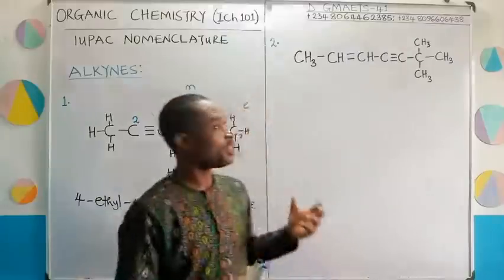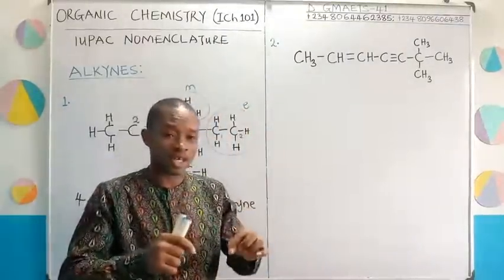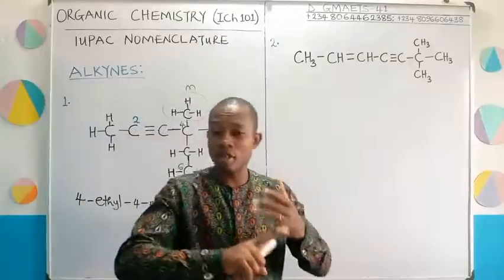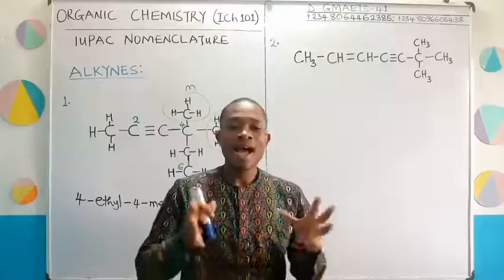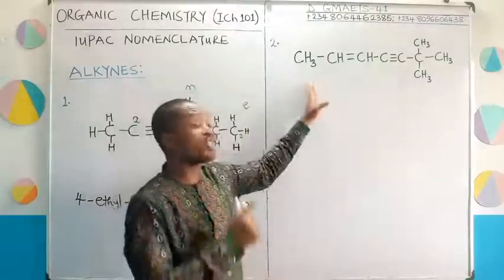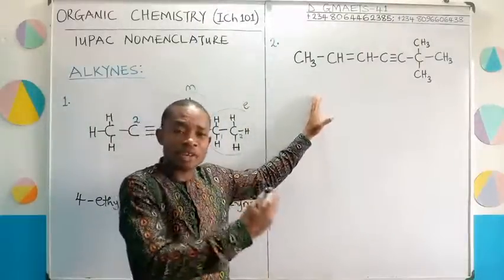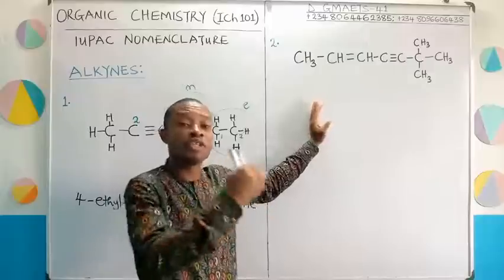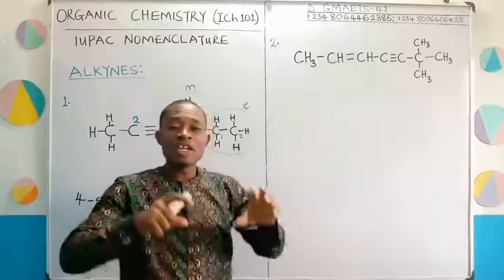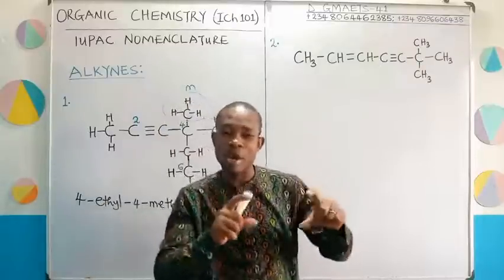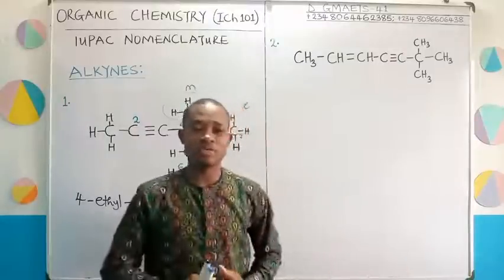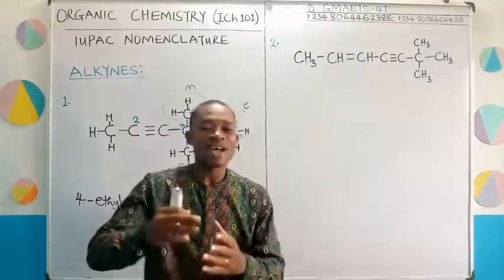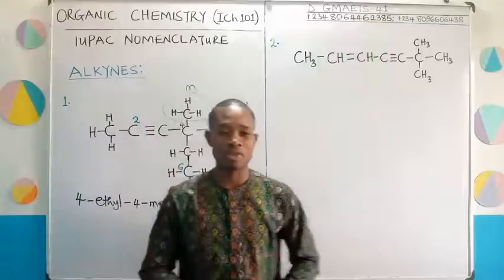However, in determining the longest carbon chain, you must ensure that you count to include the double bond and the what? Triple bond. And again, when you are given the name of this structure, assume that you've gotten the longest chain, so you know the name of the parent. The name of the parent will be given in such a way to respect that there is an alkene functional group there, which is double bond, and there is an alkyne functional group, which is triple bond.